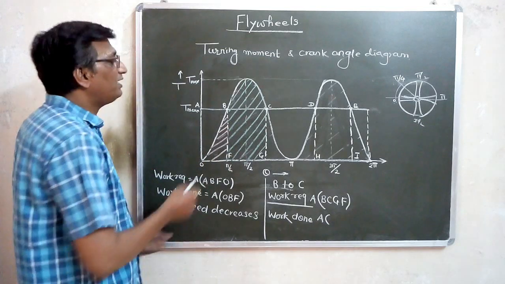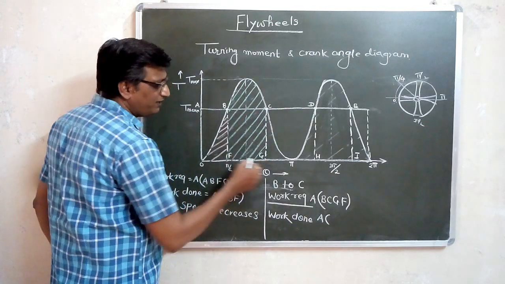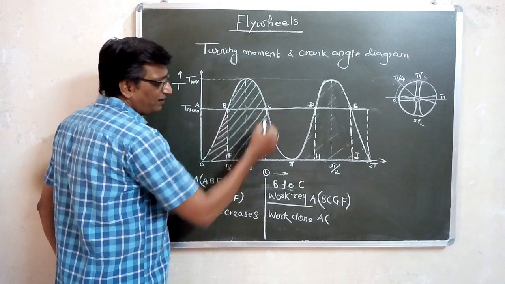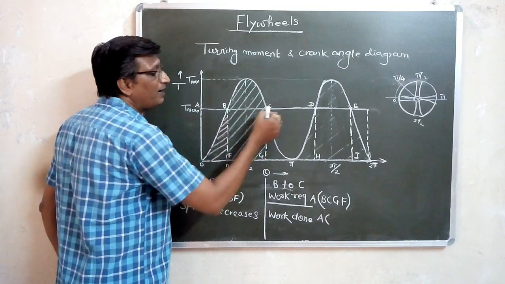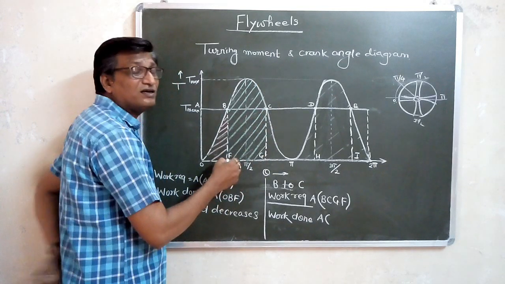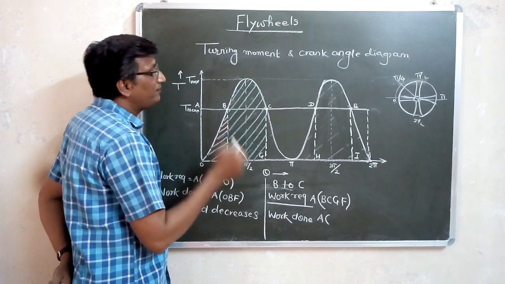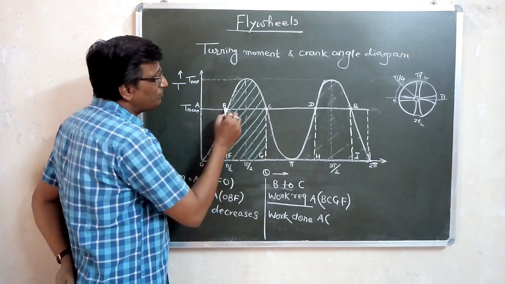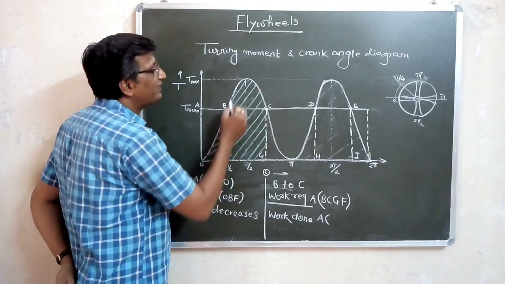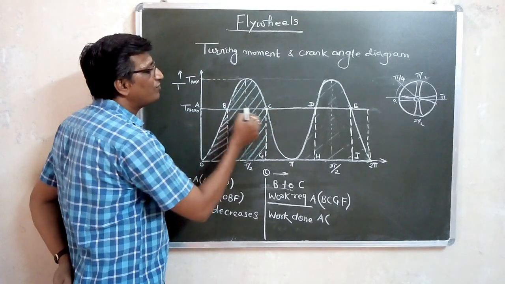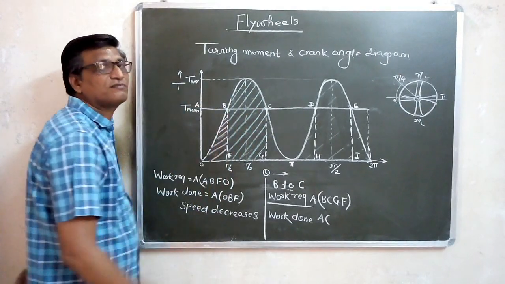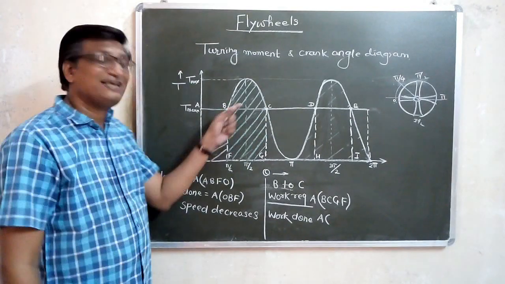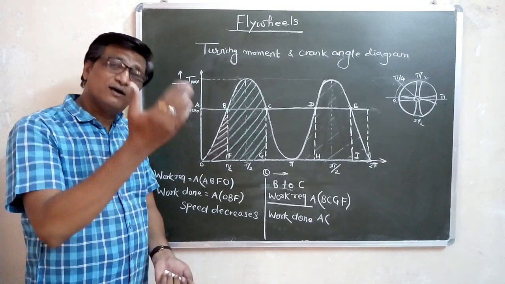How much work is required? This is the area B, C, G and F. That much work is required, but the work produced is more than BCGF. That much amount is the extra work produced. That means here the energy will be stored by the flywheel.